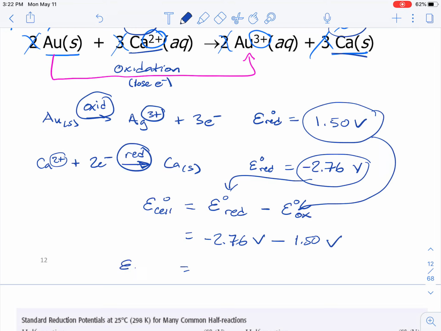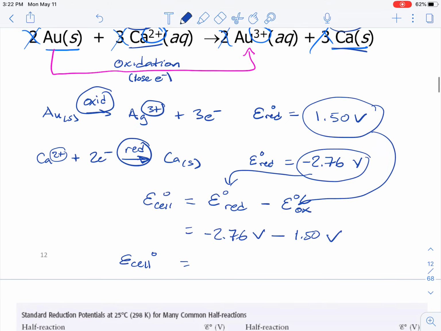If you were to calculate the standard cell potential, negative 2.76 minus 1.50, I'm going to get negative 4.26 volts.